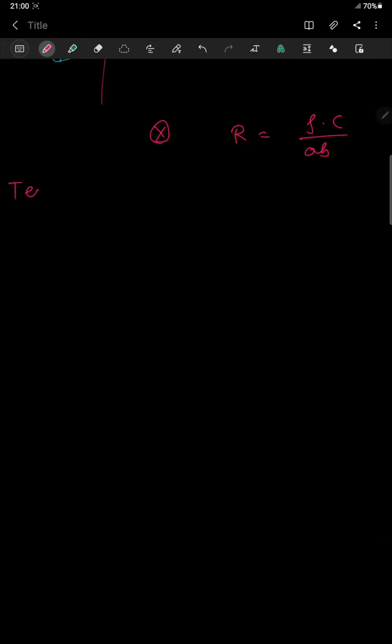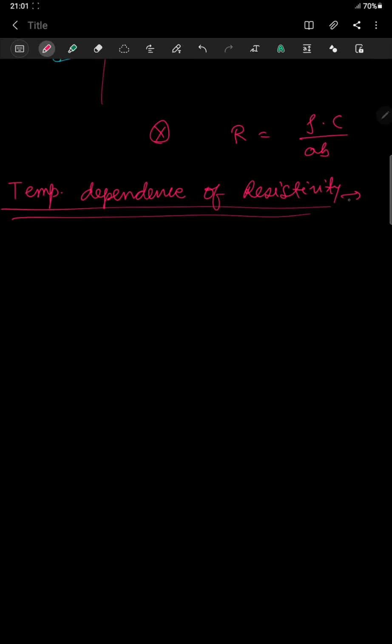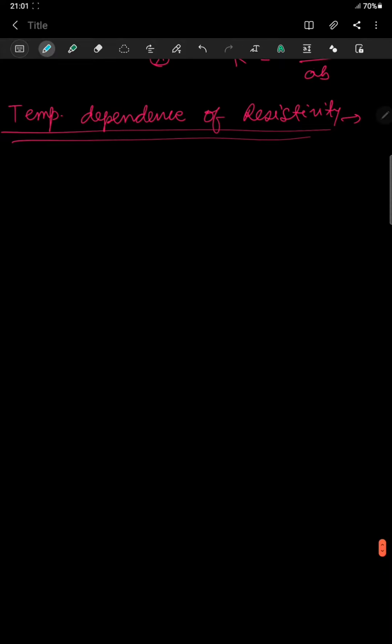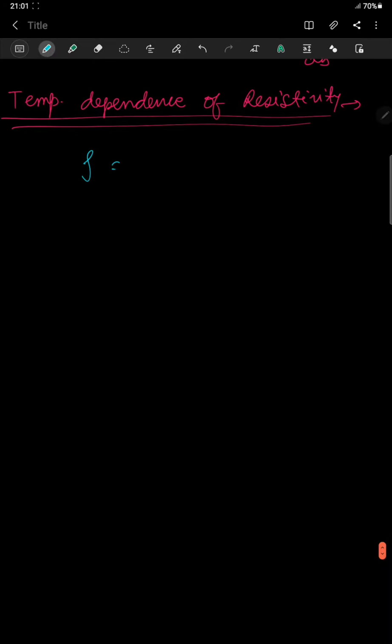So give a heading, temperature dependence of resistivity. Looking into the formula also we can see how it depends. We know the expression for rho. Rho is equal to m divided by n e square tau.